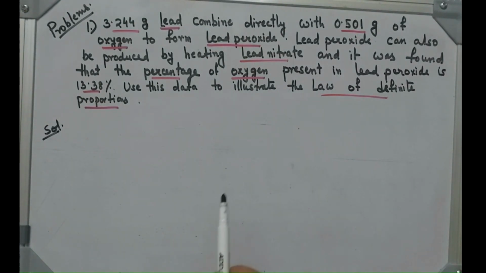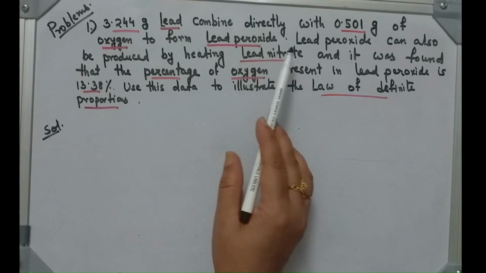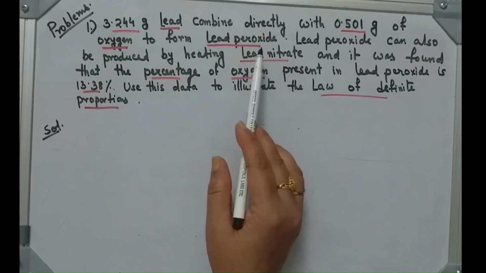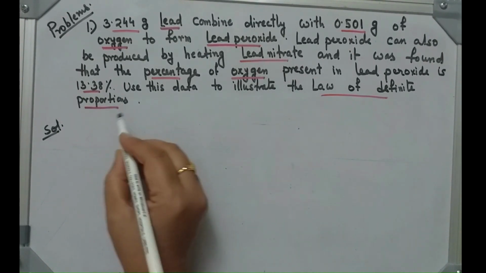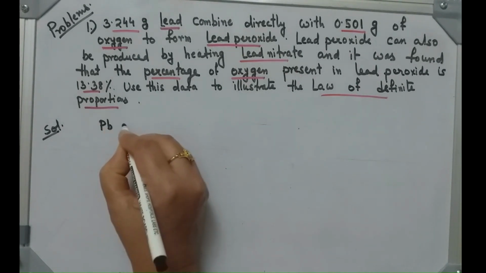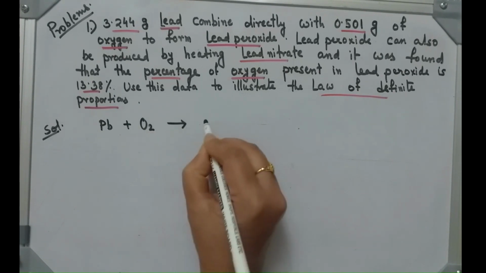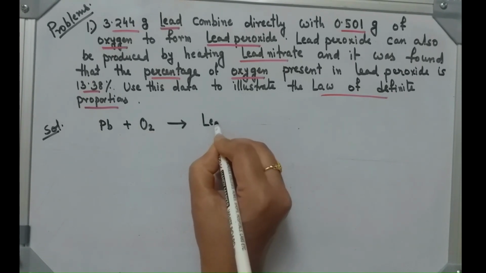Here it is given that lead peroxide is prepared by two methods. In method number 1, lead is combined with oxygen to form lead peroxide.